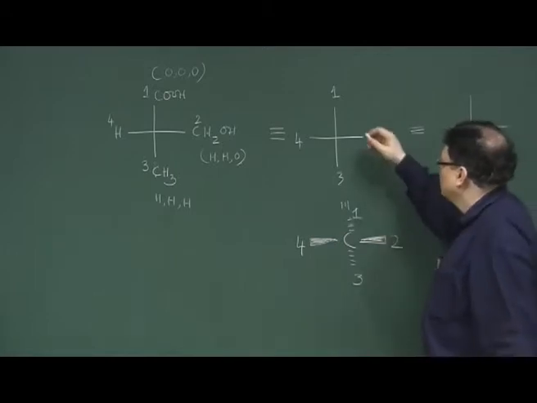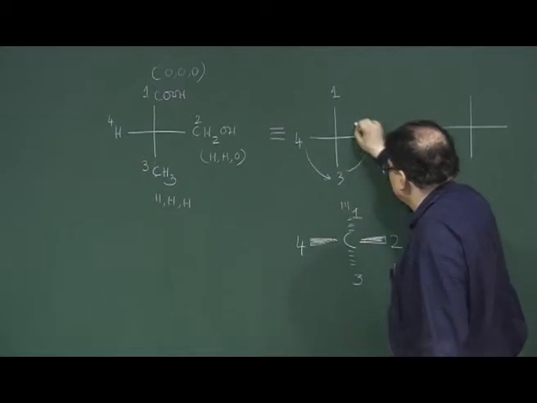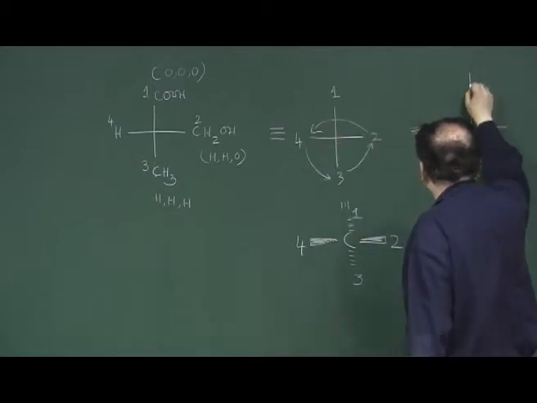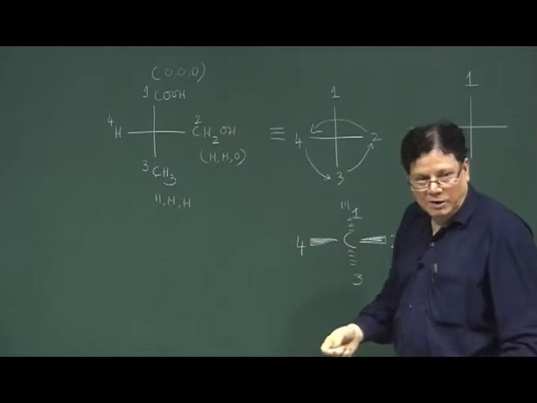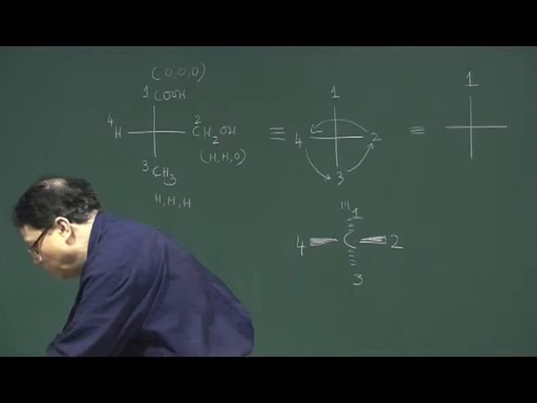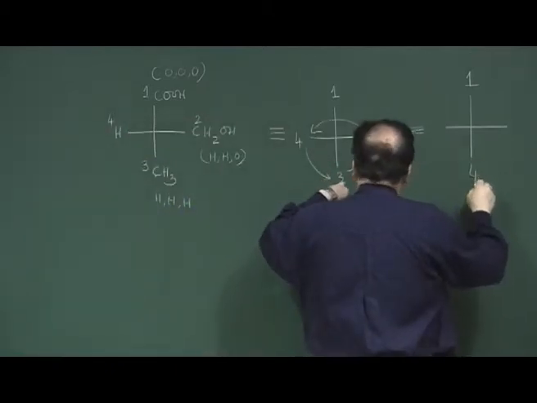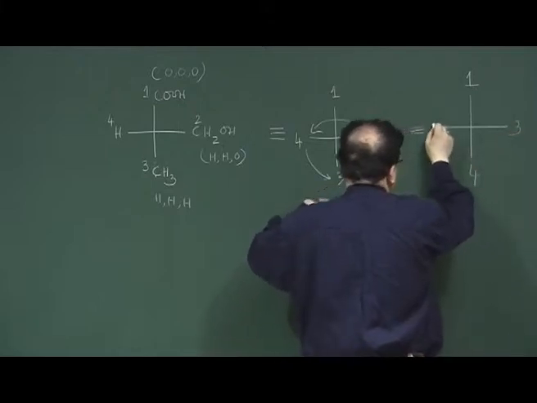So, if you do that, bring 4 here, 3 there and 2 there. If you do that, you do not change the molecule, because that is according to the rule of Fischer projection, that is allowed. So, you do that and this becomes 4, that becomes 3 and that becomes 2.